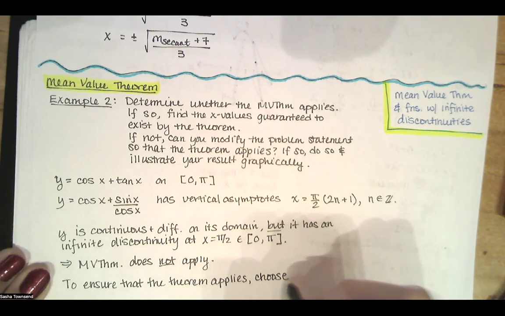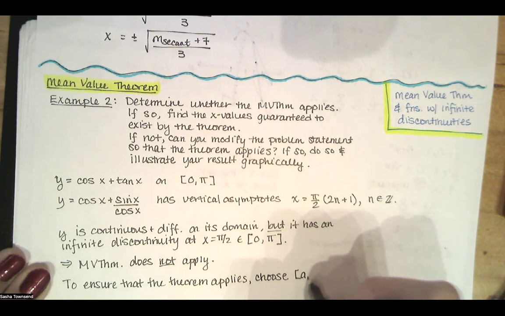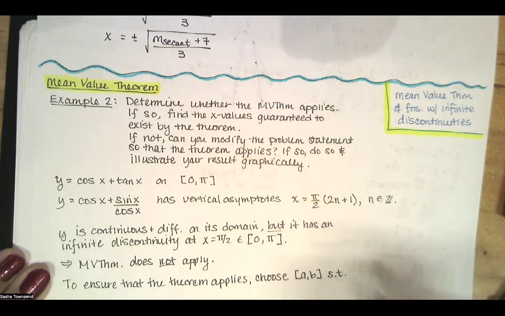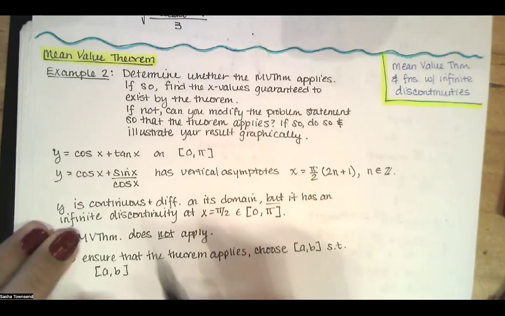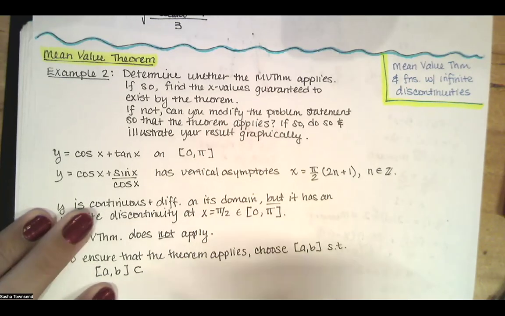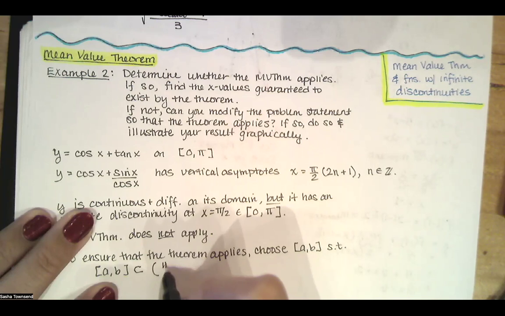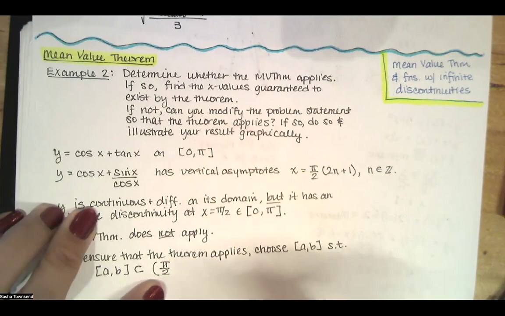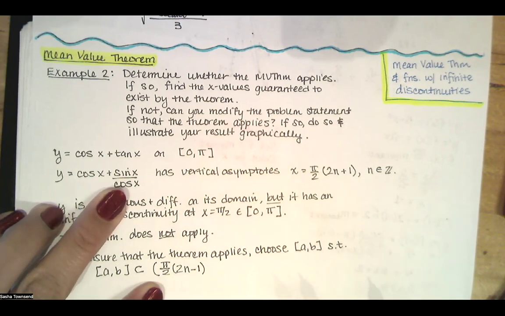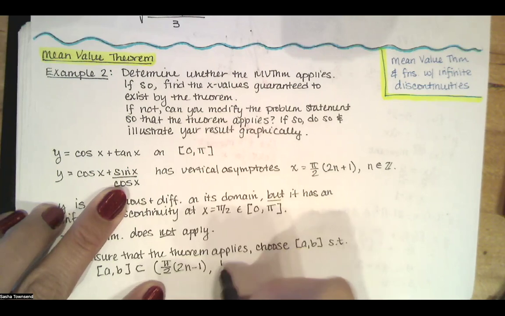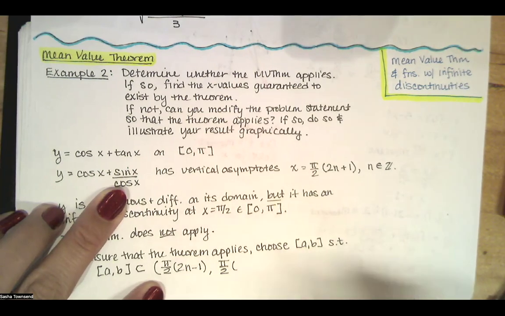We'll just choose some interval from a to b, such that this closed interval from a to b lies entirely inside some interval starting at one odd multiple of pi over 2, and then ending at the next odd multiple of pi over 2.